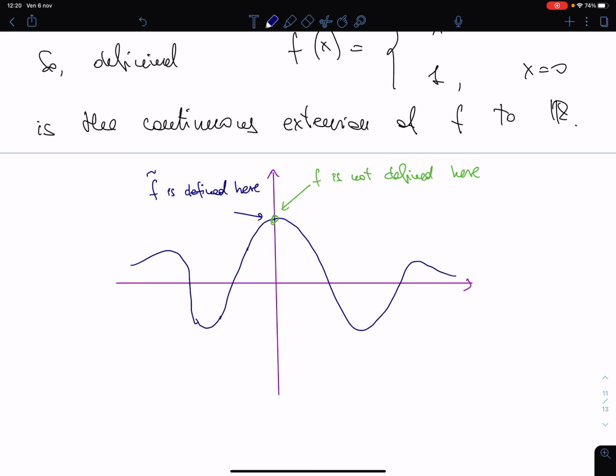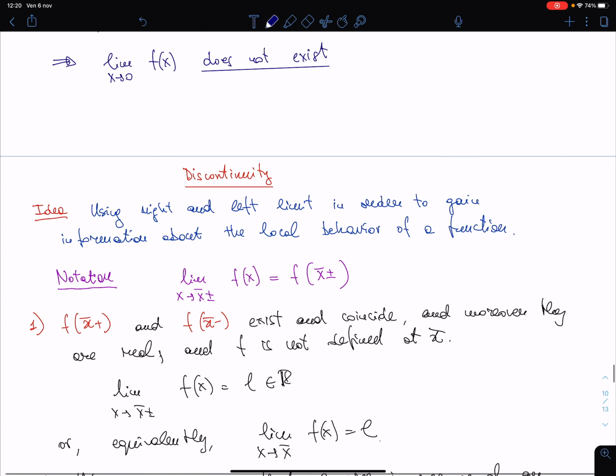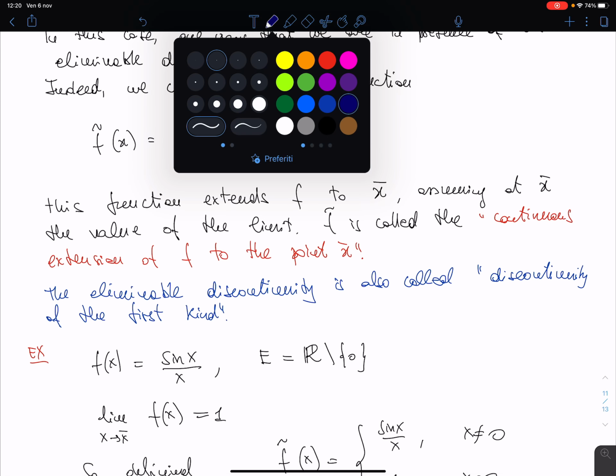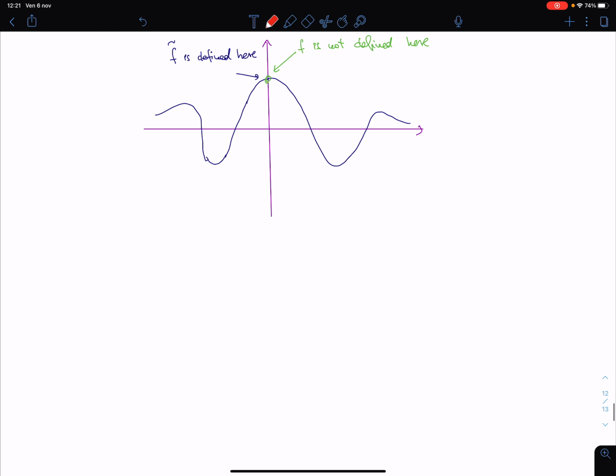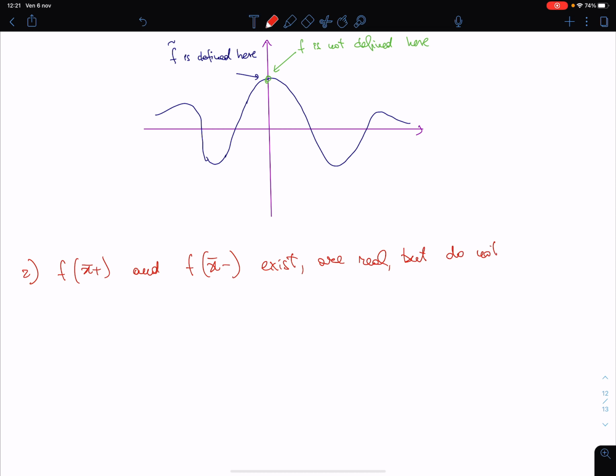So the second type of discontinuity is the following: the right and left limits, f of x bar plus and f of x bar minus, both exist, are real, but do not coincide.